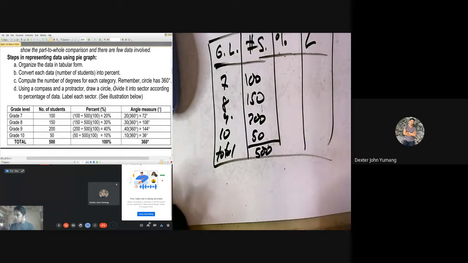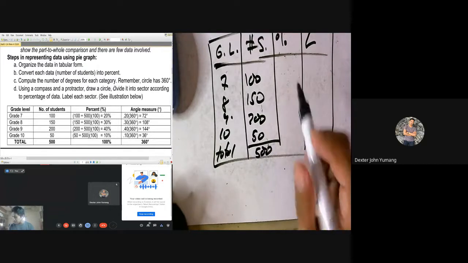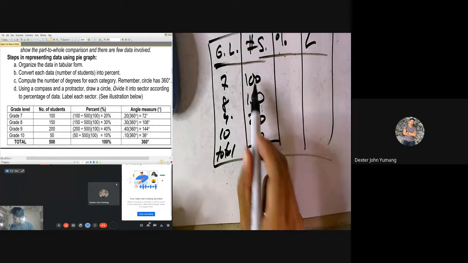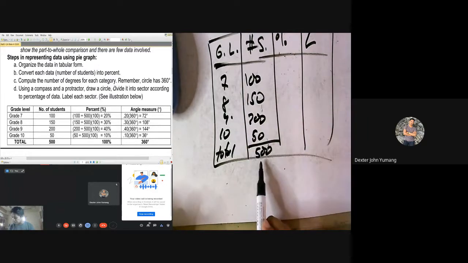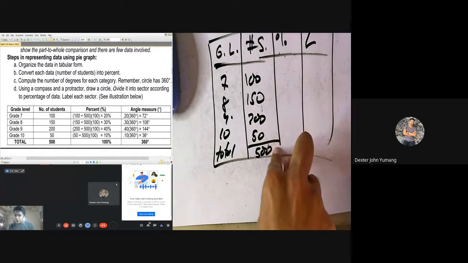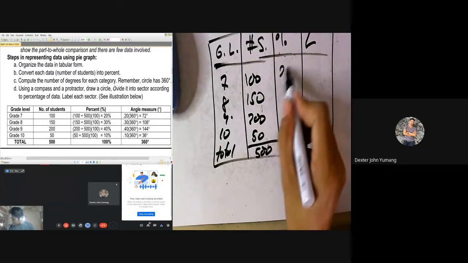So how are we going to get the percentages of this? Just follow this step. So 100 divided by 500, tapos nun equals nyo times 100 agad. So 100 divided by 500 times 100 is equal to 20%.